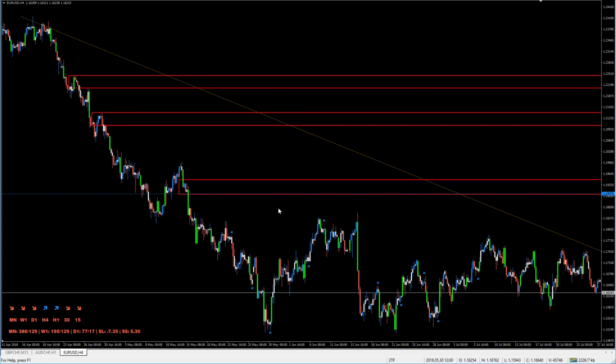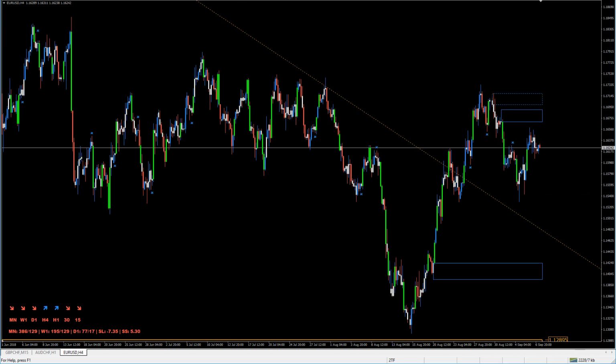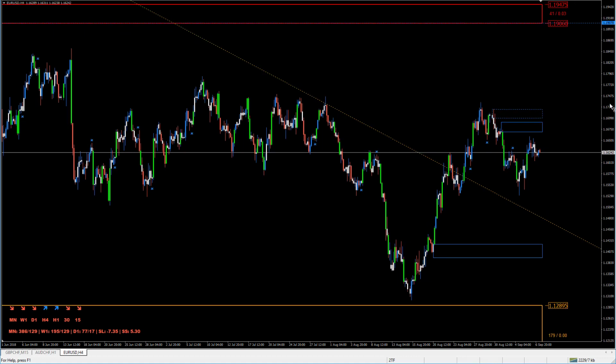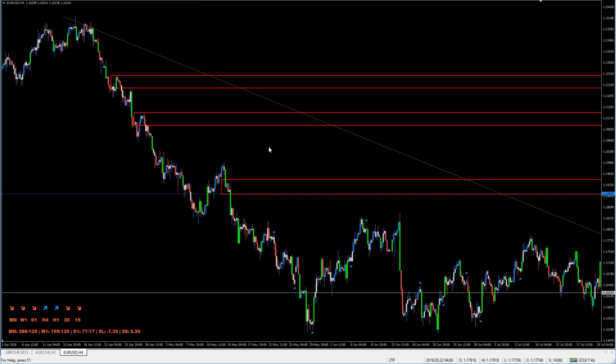It's very nice, and it's still untested. You can see there's black space from the candle all the way over to current price. That looks pretty good. So I would totally be keen on getting short at 119.07ish. That's a pretty nice area, and maybe it's a better idea to put your stop above here. Let's have a look inside this to see what's going on on the smaller time frame.